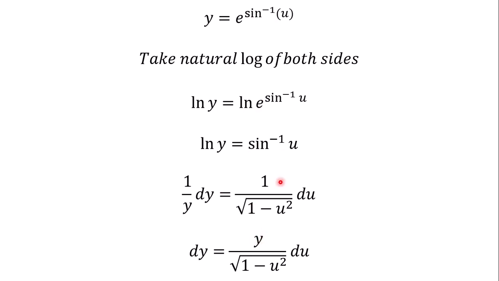What we will put here is e raised to the power sine inverse of square root of x, just to save time, because we already know we can replace u, which is square root of x. And we also know that du is equal to 1 over 2 multiplied by square root of x dx.